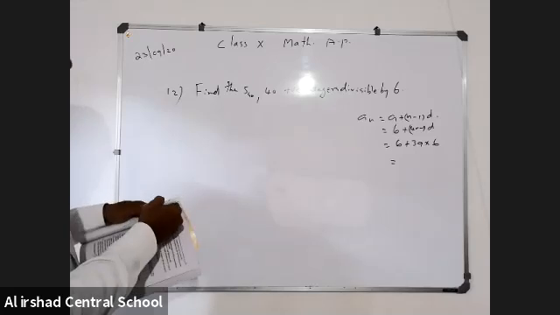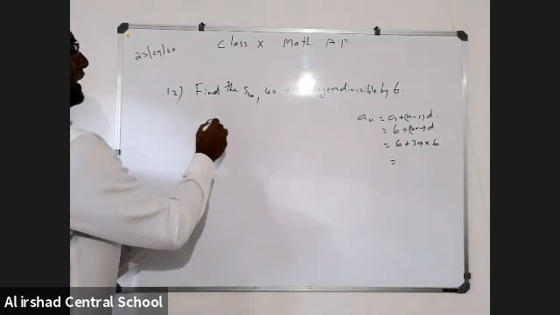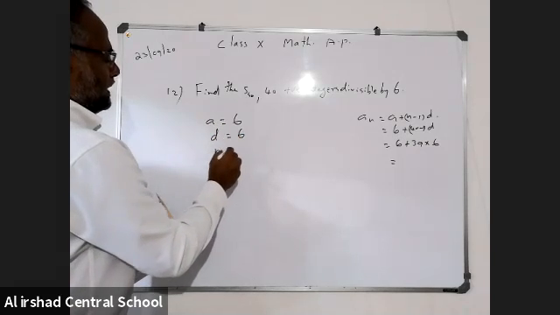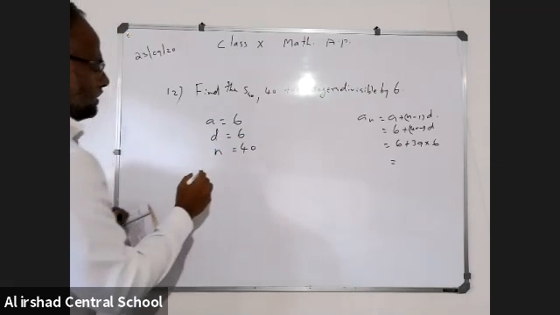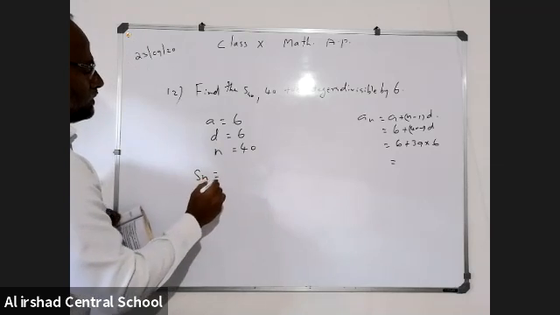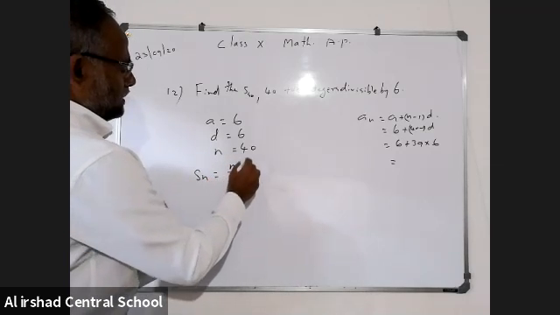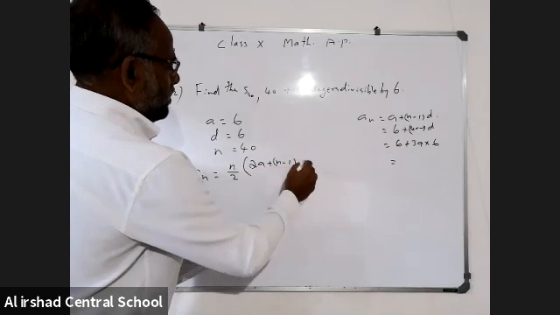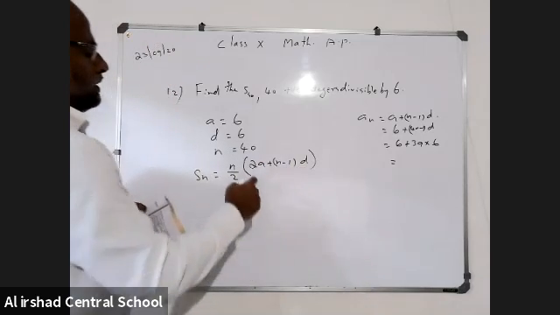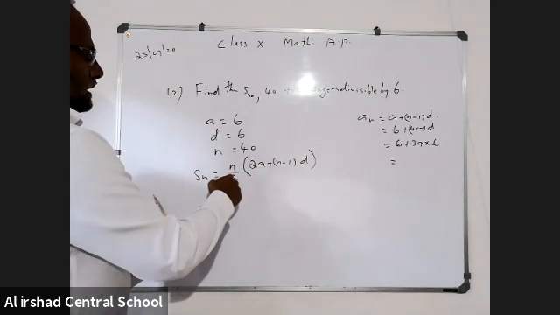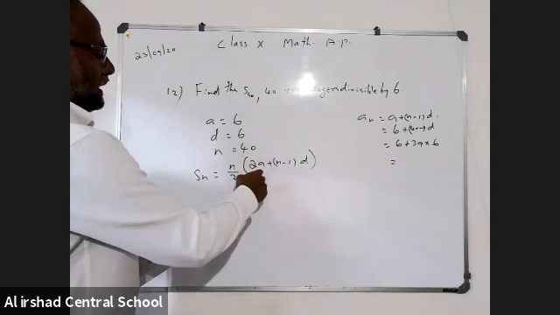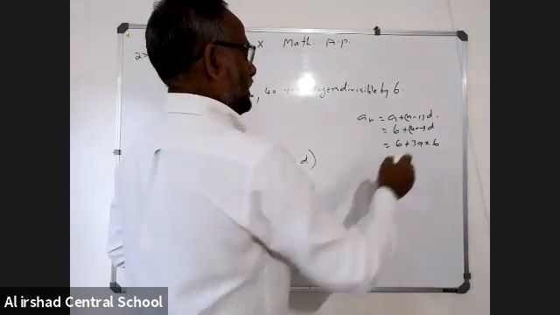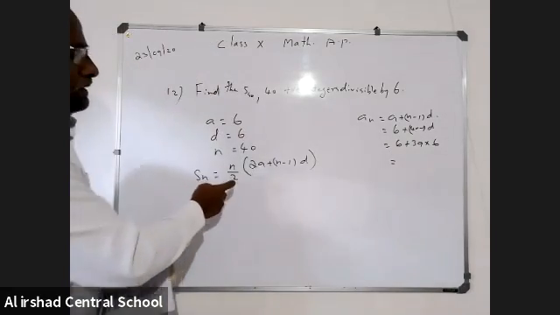N is 40, A is 6, D is 6. So Sn is equal to the first formula, N by 2 into 2A plus N minus 1 into D. Apply this formula because N is given, A is given, D is given. This is also correct, but we would have to find L, so better do this one.